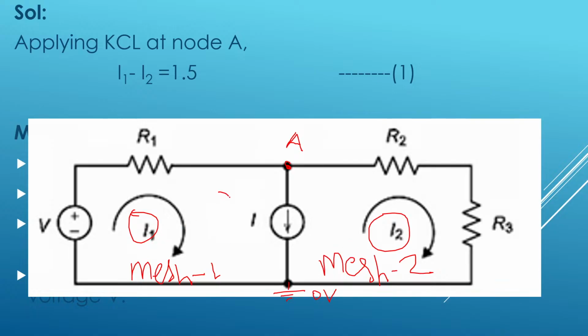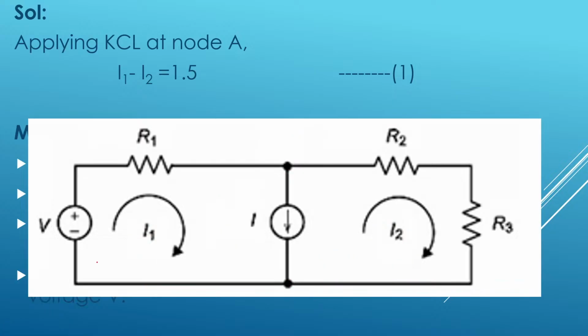I have assumed both the currents in clockwise. I'll just erase and see, these are the loop currents or mesh currents. I1 current is flowing like this, I2 current is flowing like this.